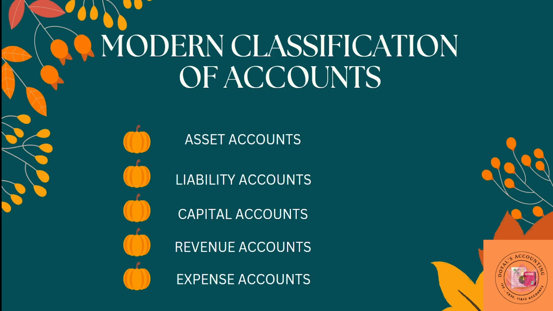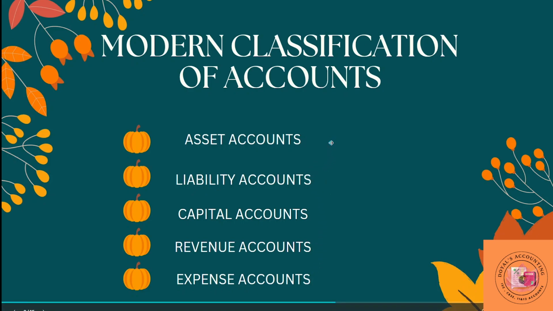Now let's move on to the next kind of classification of accounts, which is called the modern classification of accounts. Under this approach, accounts are classified into 5 categories. You have asset accounts, liability accounts, capital accounts, revenue and expenses.